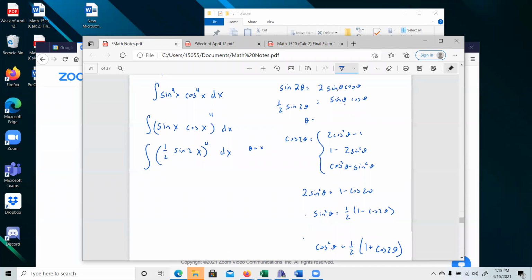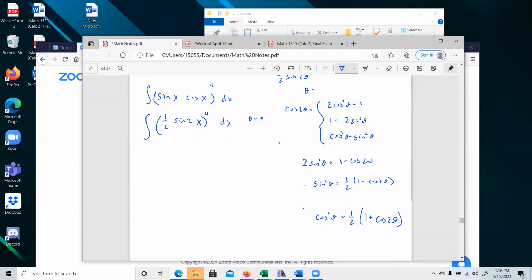Now we still can't integrate this, because I don't have a du. So we say 2 to the 4th, that's 1/16 integral, and then we've got sine of 2x squared, squared. That's sine to the 4th dx. We look at this and say, wait a minute.